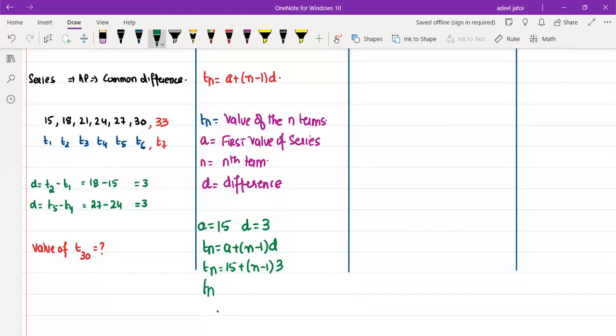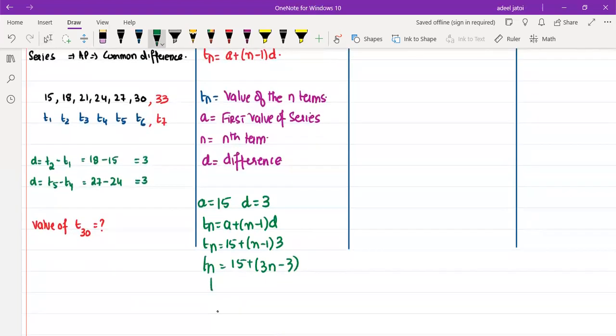If 3 is multiplied, we get 15 plus 3n minus 3. In the end, the formula will be Tn is equal to 12 plus 3n for the given series, which is 15, 18, 21, 24, 27, 30.